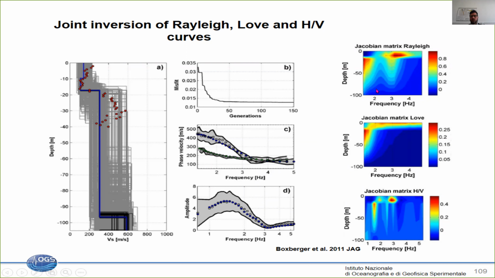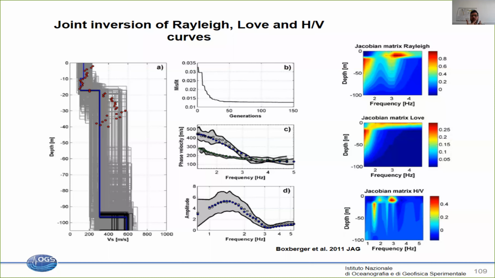And the reason was shown in this matrix. You see these matrices, we see the sensitivity, let's say, of the Rayleigh, of the Love, and the H over V waves to the underground structure. And we see that it's completely different.